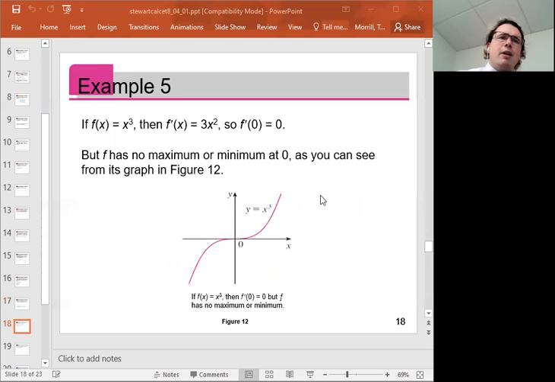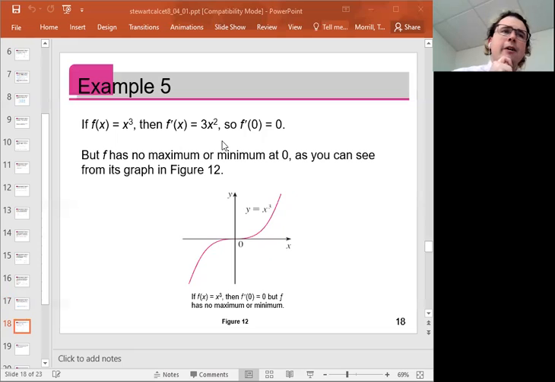But we have to be careful of false positives. So let's look at f of x equals x cubed. Its derivative is f prime of x equals 3x squared. And this derivative is only equal to 0 at x equals 0.